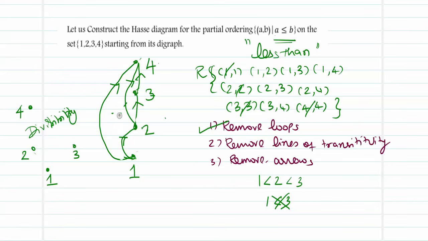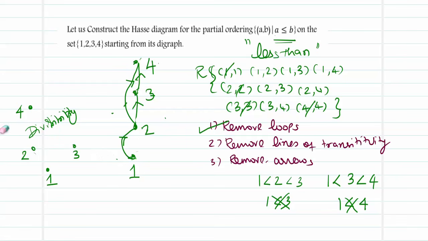And again, I know that 1 is less than 3, 3 is less than 4 and so 1 is less than 4. So this is a line of transitivity. I remove the line from 1 to 4. Is it clear? Okay, next.